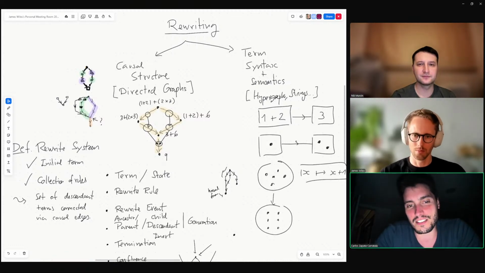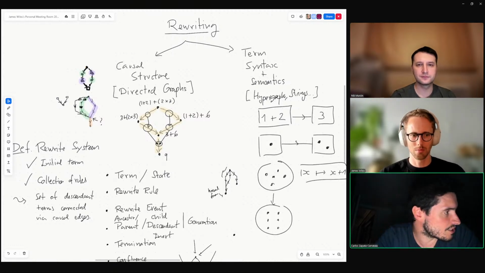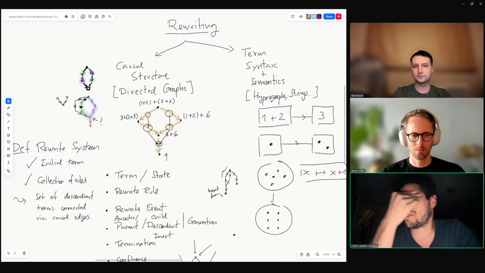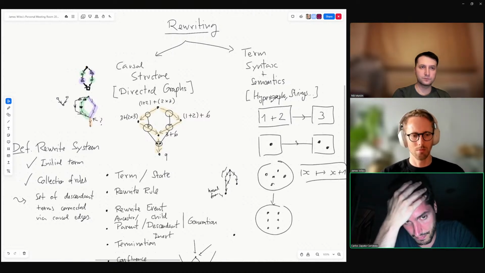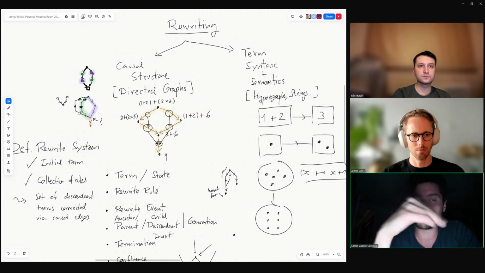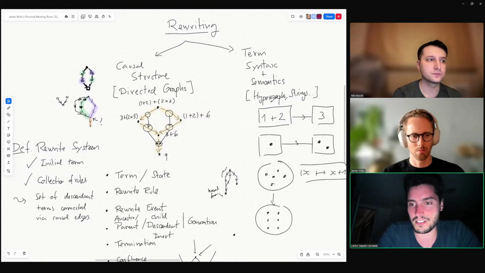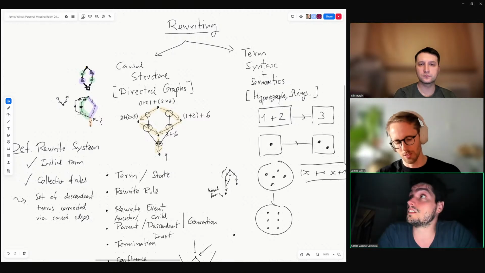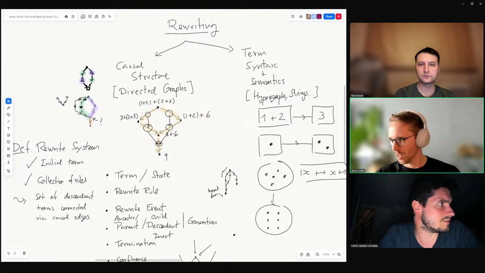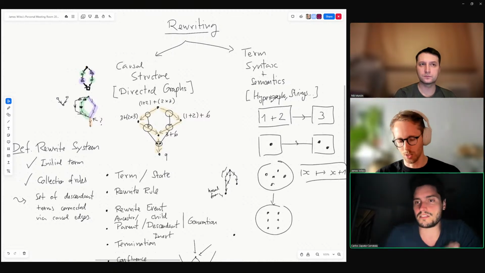DAGs are important because, what was the result? I don't know if I have it off the top of my head. A very broad class of terminating rewrite systems are finite DAGs, essentially, finite directed acyclic graphs.